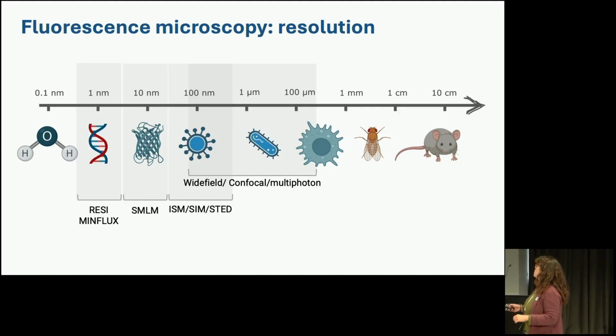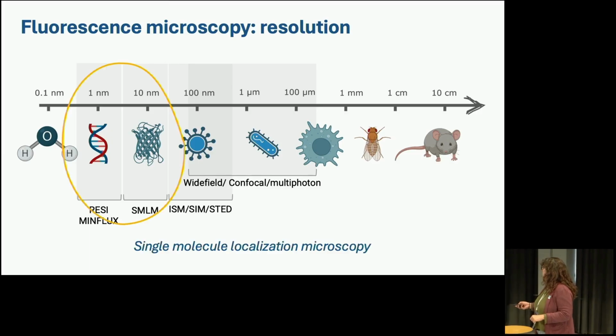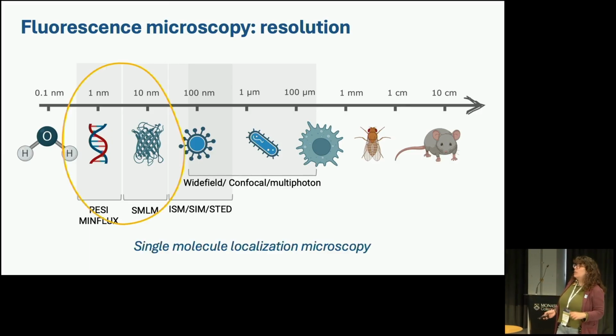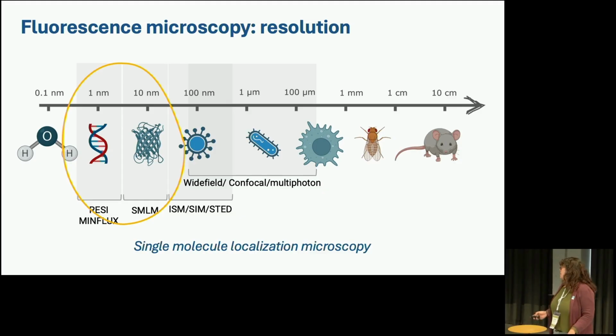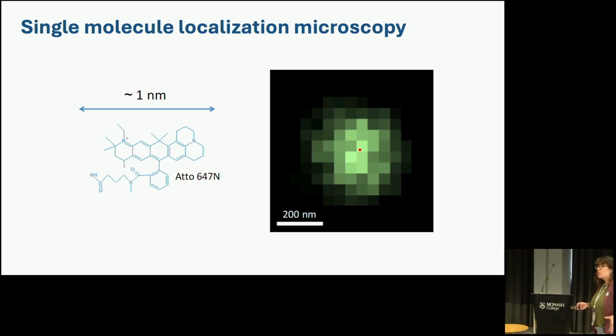The types of microscopy that we call super resolution microscopy, this will be STED, STORM, or what we call single molecule localization microscopy, and these are the techniques that we use in our lab to study single proteins or even single DNAs. Okay. So in these techniques, you use a fluorescence microscope. You study dyes.